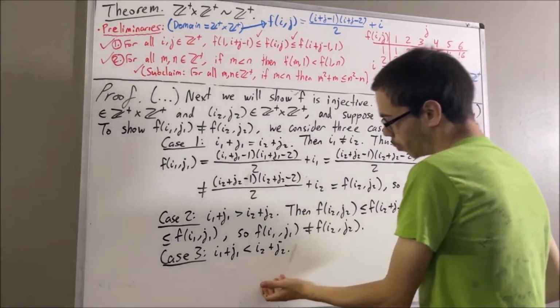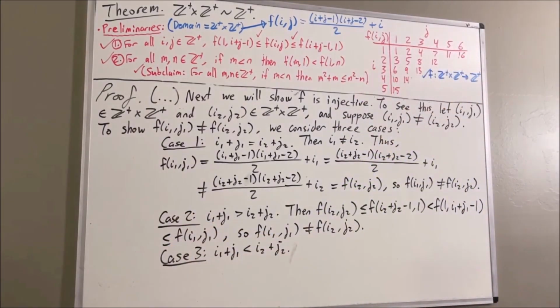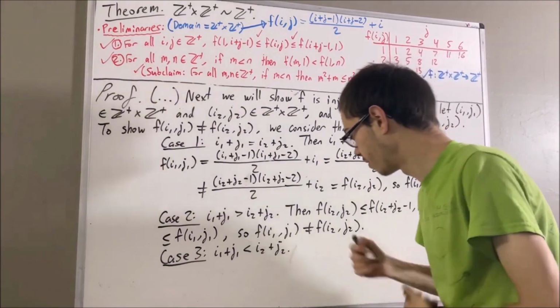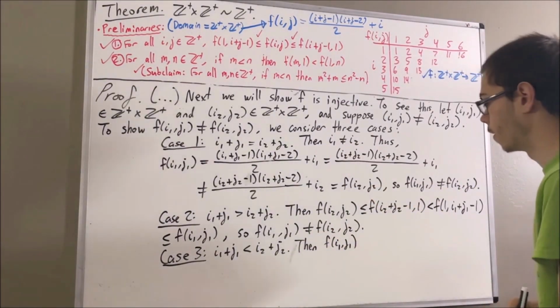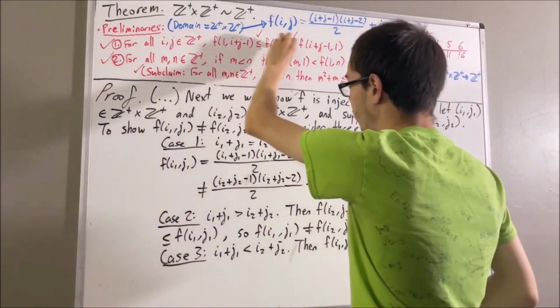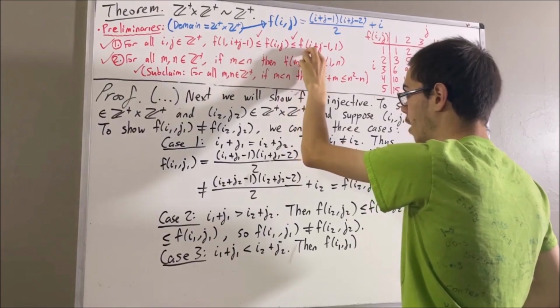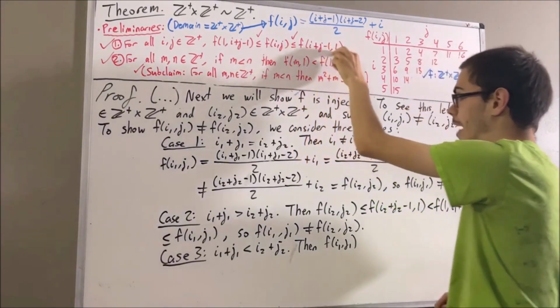And as you can imagine, we're going to get a really similar situation to what we had in case 2. And to see how it comes together, check this out. If we consider f of I1, J1, well, by our first preliminary result, f of I1, J1 is less than or equal to f of I1 plus J1 minus 1, 1.